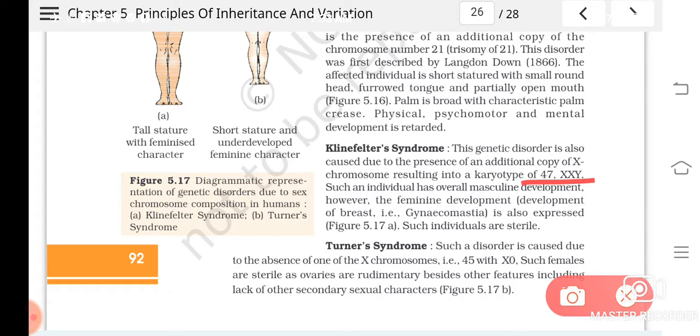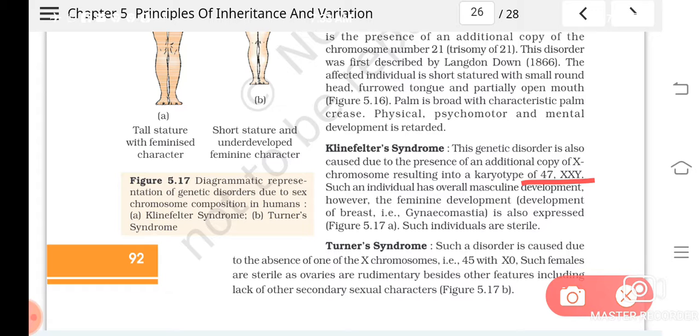Such individuals will be masculine, meaning overall they have masculine development, but feminine development is also there, that is development of breast, known as gynecomastia.